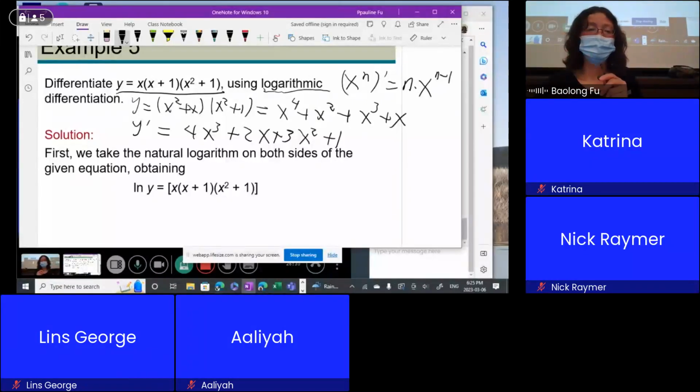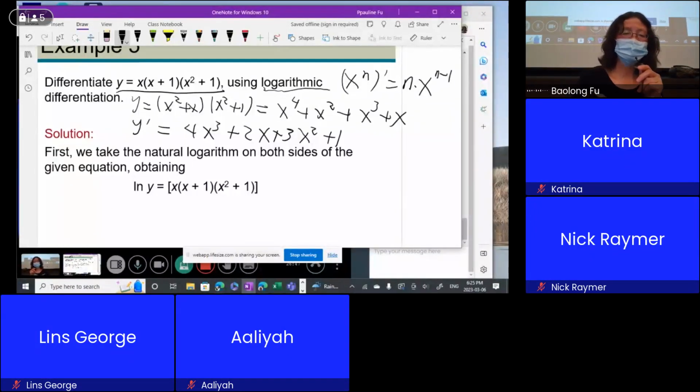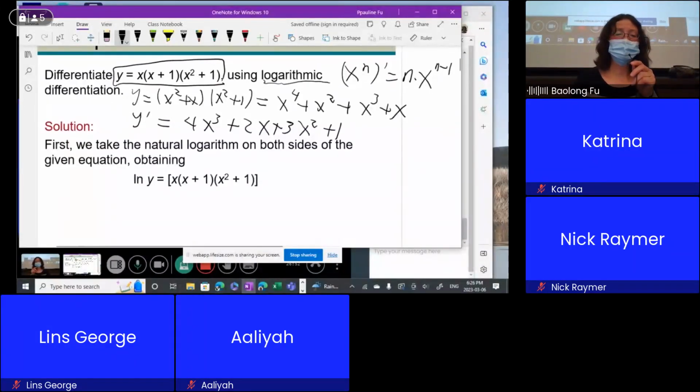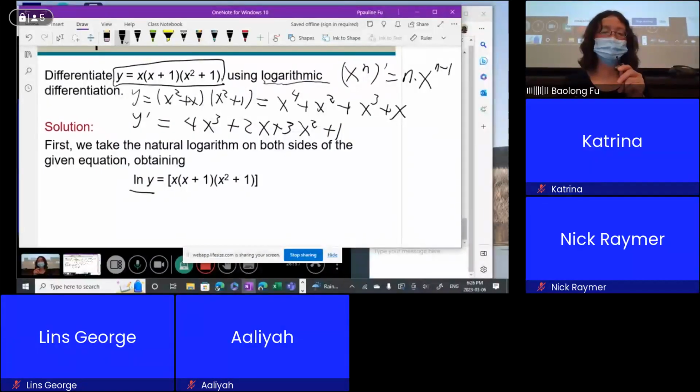Let me double check just on this side, plus x. Yeah, okay. So now let's use logarithmic differentiation. So you are given an original function. Take logarithm, natural logarithm on both sides. Left-hand side, you have ln y. Right-hand side, there is a typo.